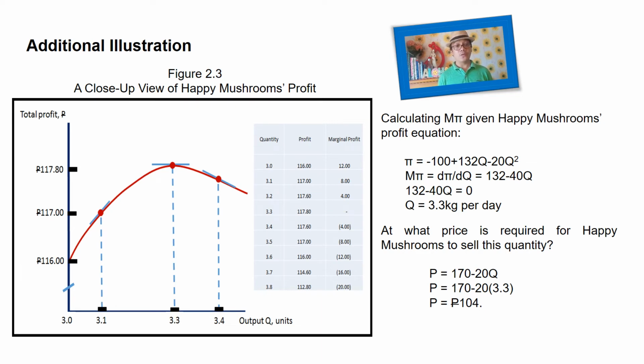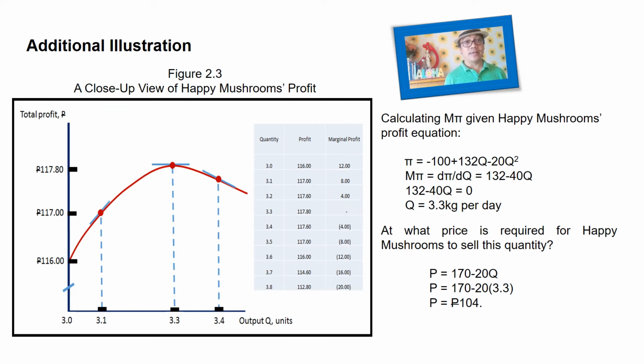Thus, we draw some simple conclusions. 1. At 3.1 kilograms, the tangent is upward sloping. Marginal profit is positive, that is, raising output by a small amount increases total profit. Second conclusion from figure 2.3. At 3.4 kilograms, the tangent is downward sloping.